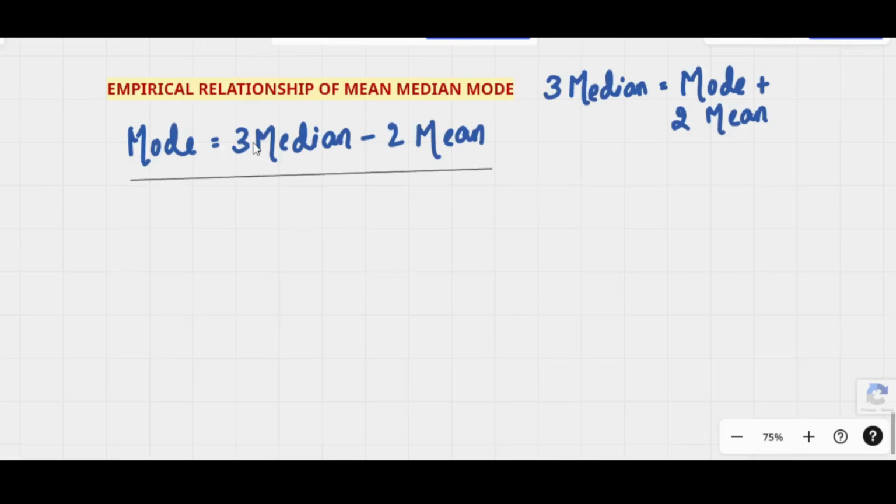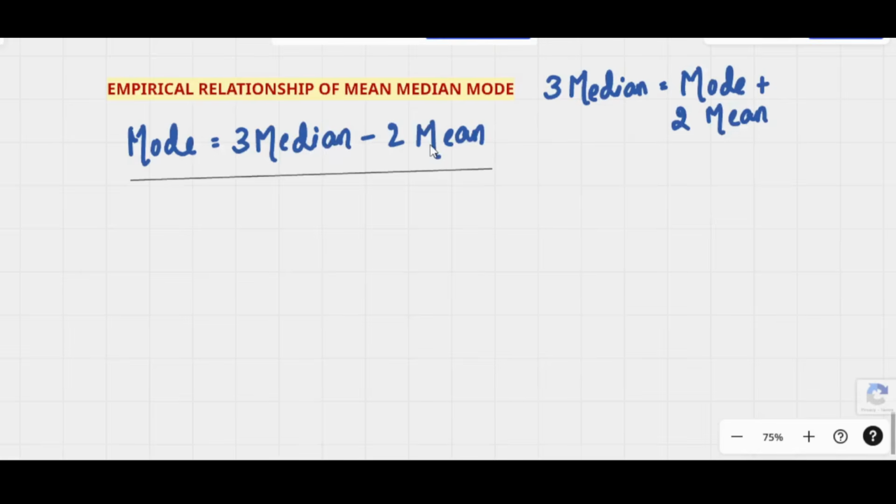After finding the mean and mode, don't do the median again with a separate table column, just use this relationship and find the median. Otherwise, if you feel median is easy, then directly calculate mode and median and don't do mean; by using this empirical relationship you can find the mean.